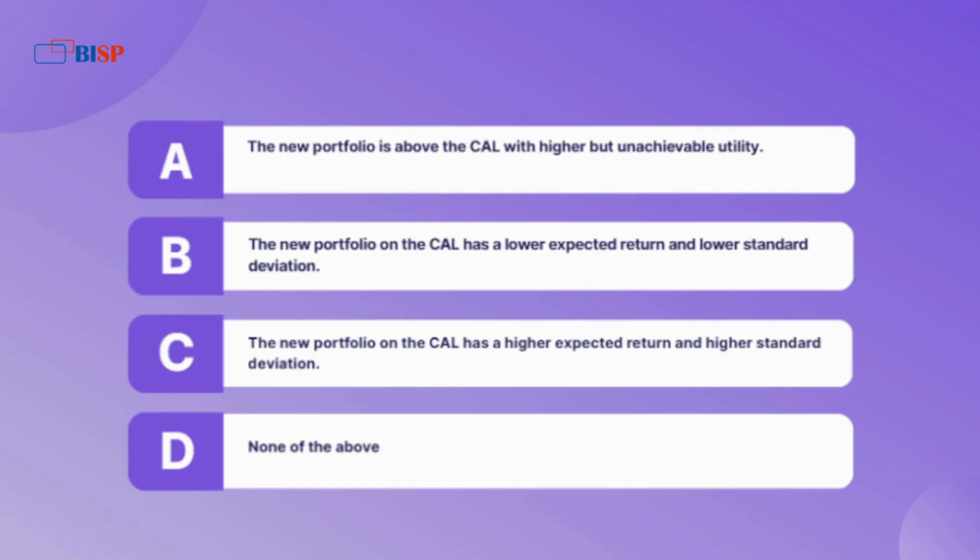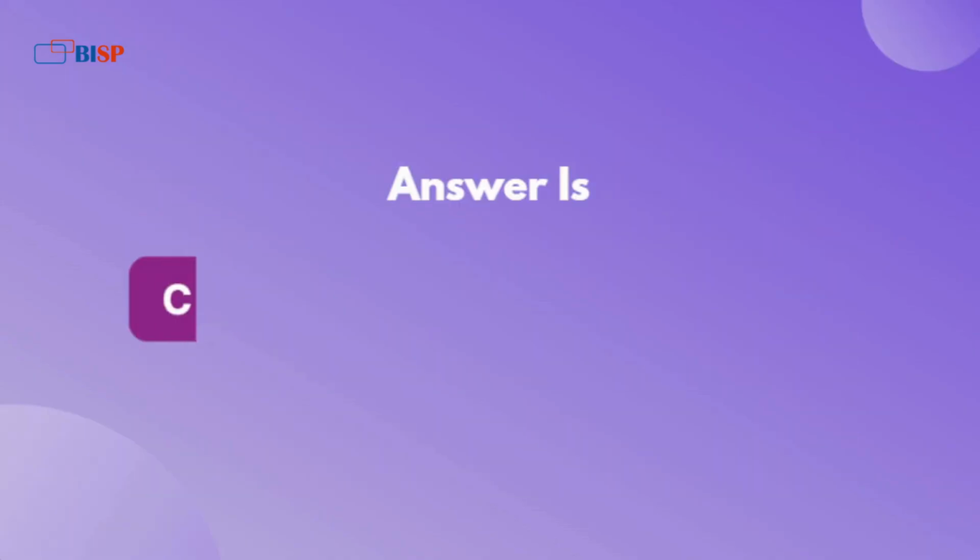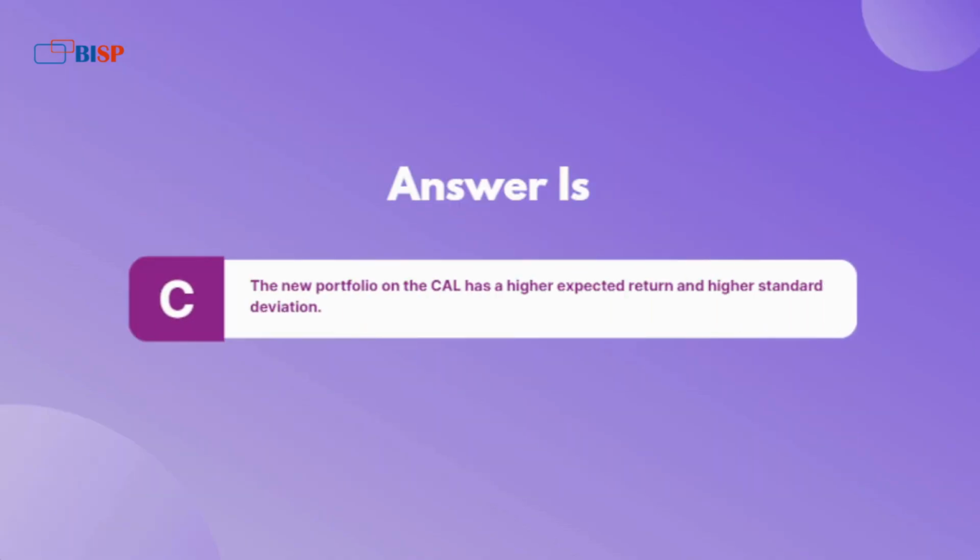C. The new portfolio on the CAL has a higher expected return and higher standard deviation. D. None of the above. Answer is C. The new portfolio on the CAL has a higher expected return and higher standard deviation.